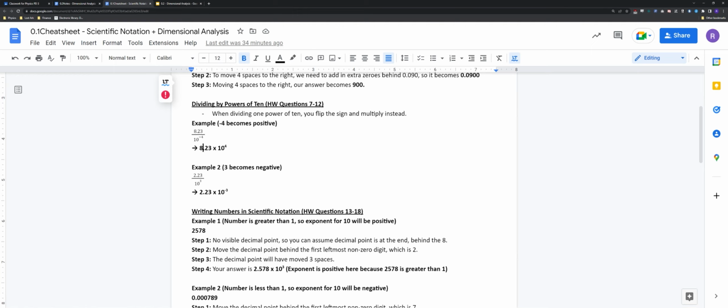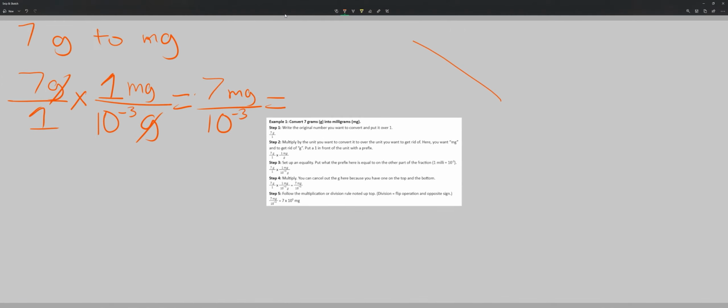So it's going to be the opposite operation. So instead of division, you're multiplying, and the sign will be flipped instead. And that's what we're going to do here, right? So this is essentially the same thing as 7 times 10 to the positive 3 mg. And now we finished our answer.